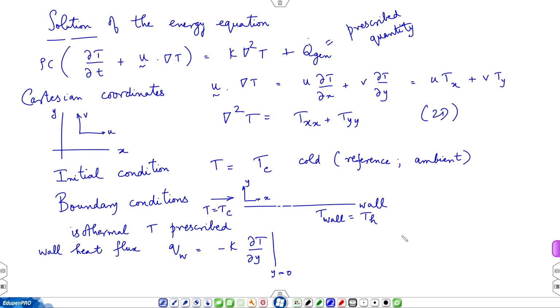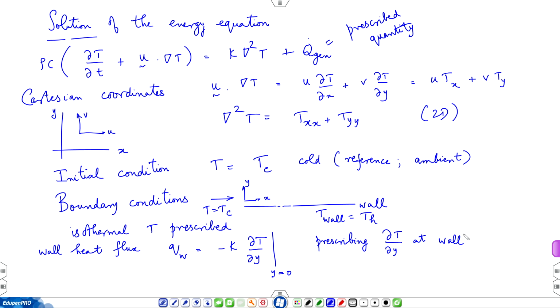You are really prescribing the derivative of temperature at the wall. So, this is the second type of boundary condition where the wall heat flux is given.